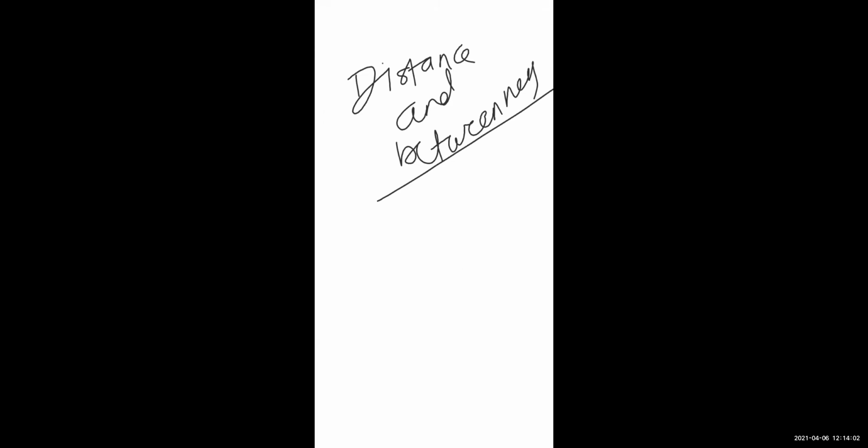Now distance and betweenness. Suppose here is a line and 3 points are there: P, Q and R. The distance between P and Q is 4 and the distance between Q and R is 3.